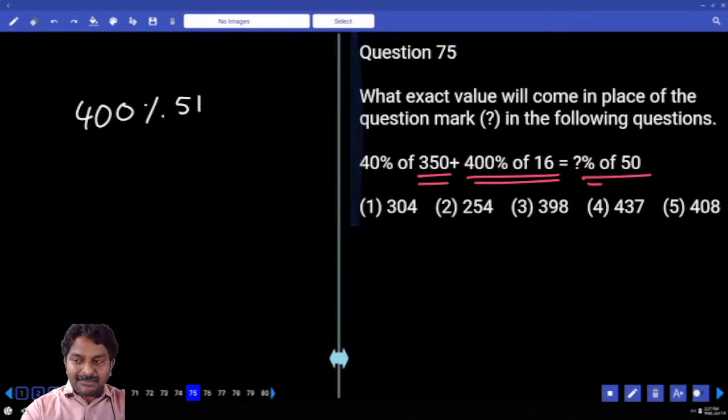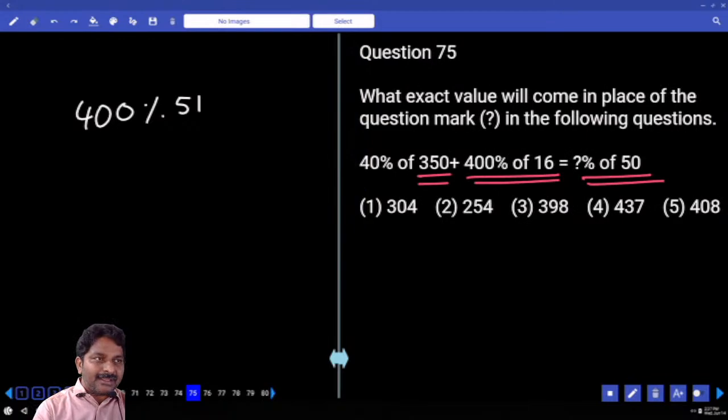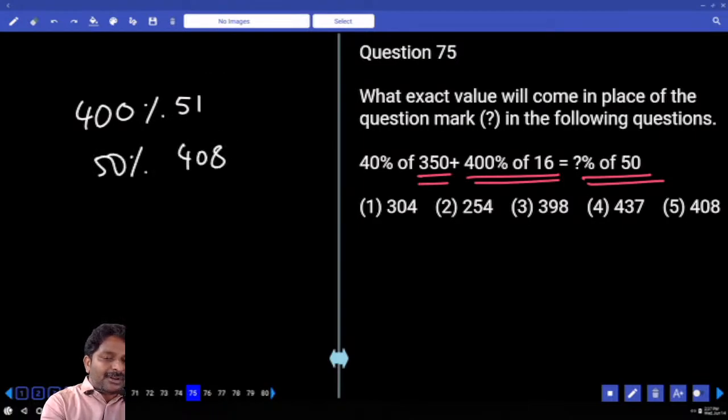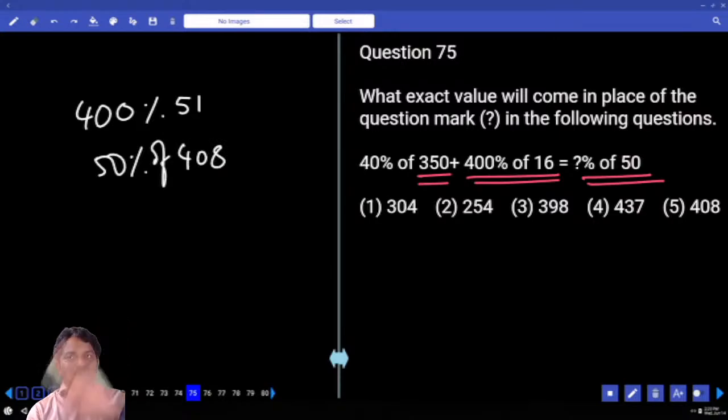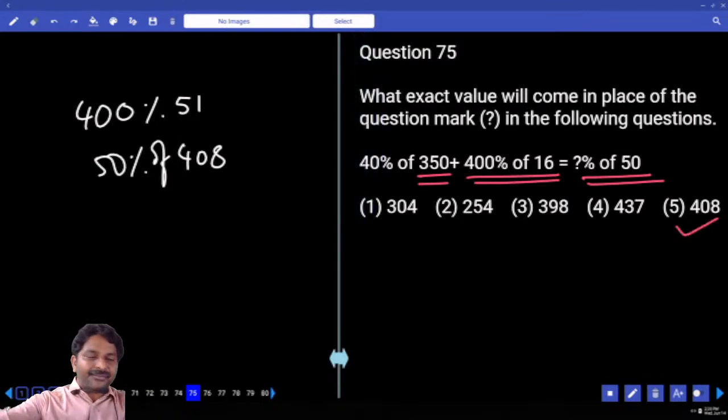But one of the numbers must be 50, right? So I can write this number as a 50 multiple. 50 how many times is 400? 8 times. So I'll divide this number by 8 and multiply this one by 8. Then that is equal to 50% of 408 only. 50% of 408 or 408% of 50, one and the same. Answer 408, fifth option.